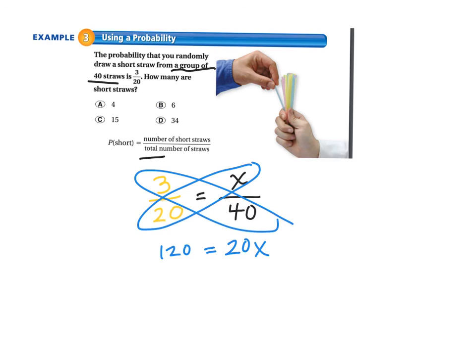I'll divide both sides by 20 to get rid of this 20 here. Divide both sides by 20. So now on one side of my equation, I have an x, and on the other side, I've got 6. And that means that 6 out of 40 straws are short.